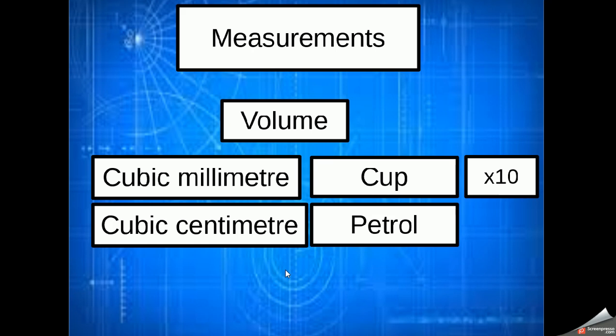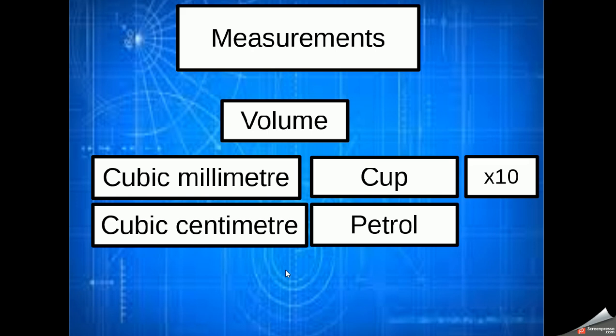From there, and there's a mistake on the screen, I'm afraid, it should read 1,000. Up a stage we've got a cubic centimeter. The reason it should read 1,000 is that, if you remember, we've got 10 millimeters to a centimeter. So if I had 10 millimeters by 10 millimeters by 10 millimeters, that would be 1 cubic centimeter. But then we'd have 10 times 10 times 10 cubic millimeters.